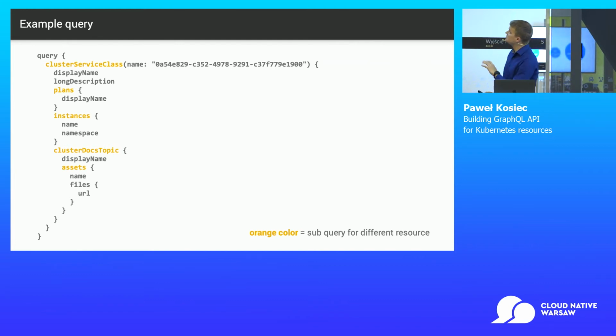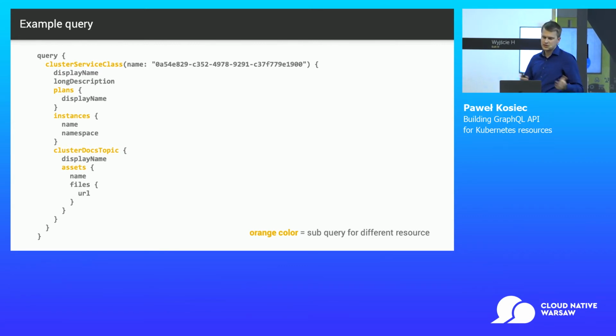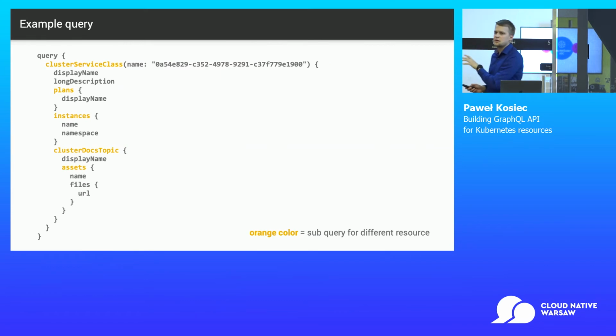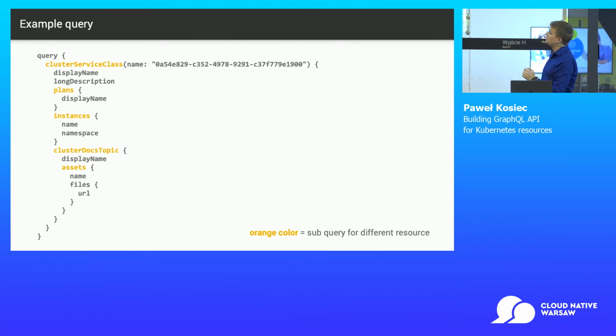Let's take a look at the example. Here we are doing a query for the cluster service class resource, and then we also have some related resources like service plans, cluster service plans, service instances, cluster docs topic, and also assets. As you can see, the orange color highlights the different Kubernetes resources, and it means that in a REST approach we would need to do five requests.